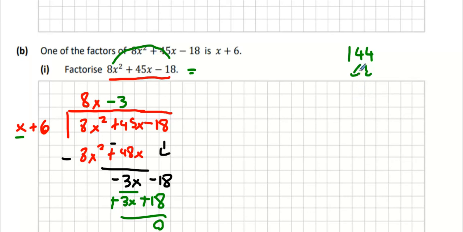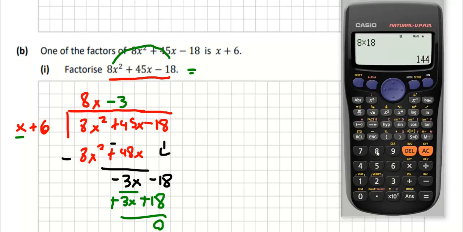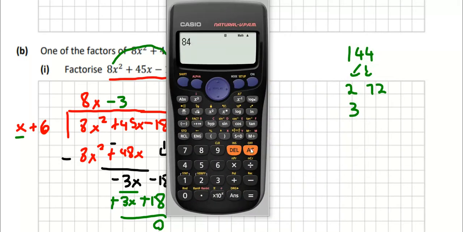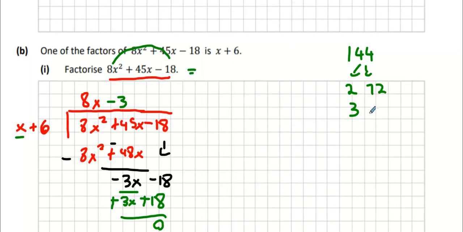So I think what we can try here is, well, you can go 2 and 72, no good. 3 and what's it? 144 divided by 3, 48. Ah, we got it on our second go.